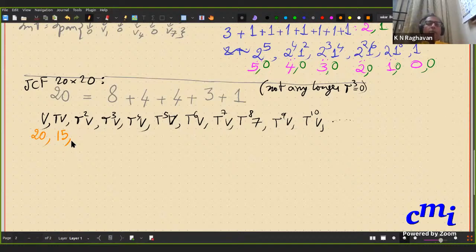It's taking some time now. What should you do? When will you have a contribution to T square V?